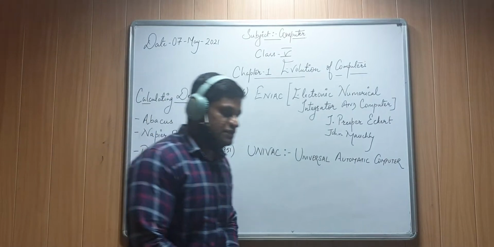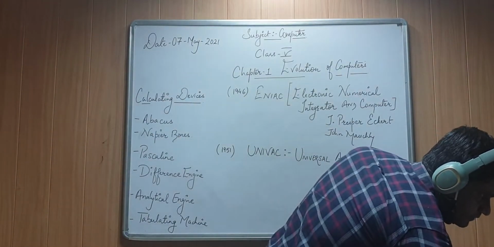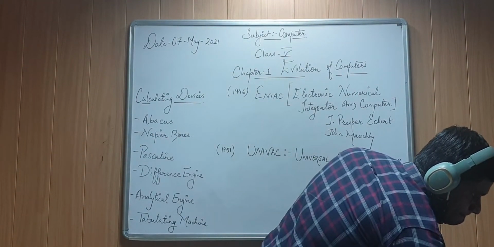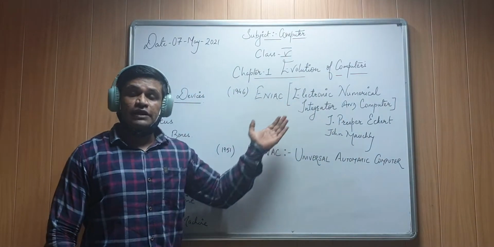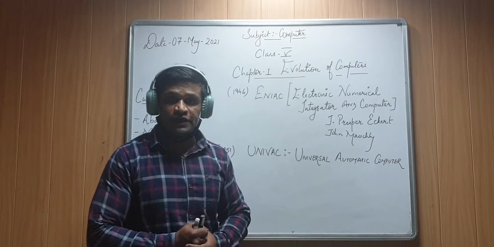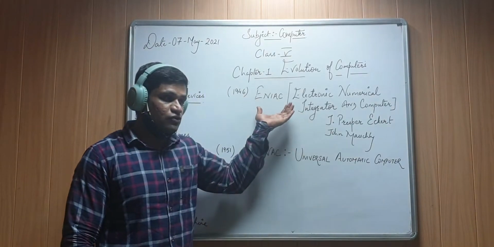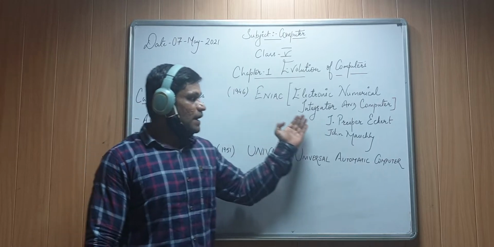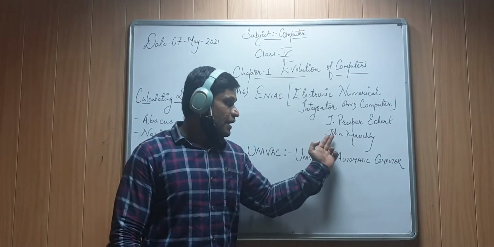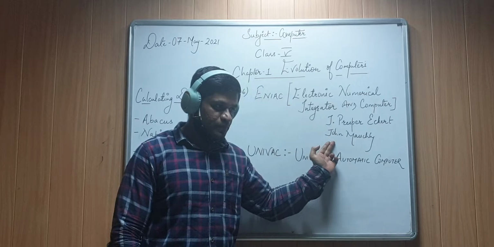It was the first electronic computer, like the electronic machines which we see nowadays. So it was the first electronic computer, developed in 1946 by J. Presper Eckert and John Mauchly.